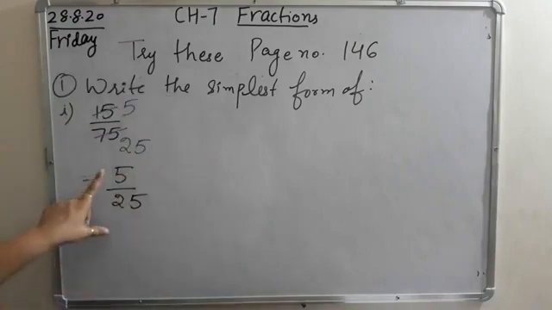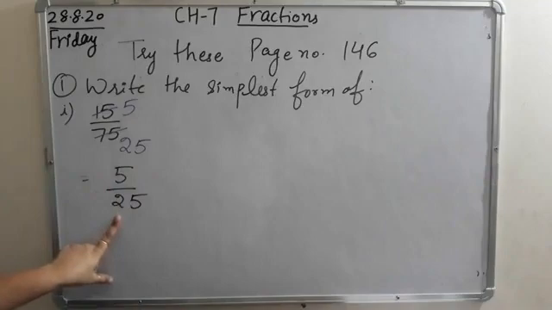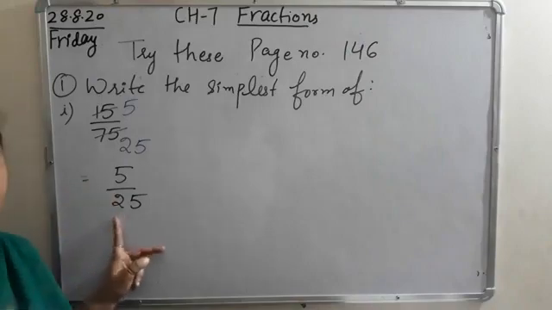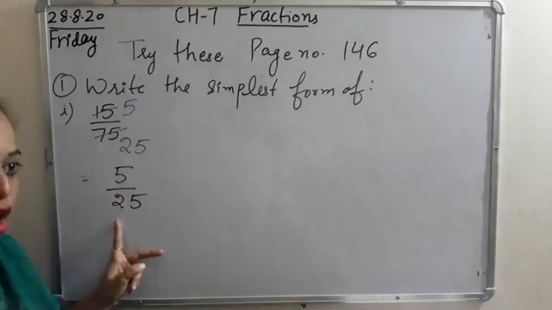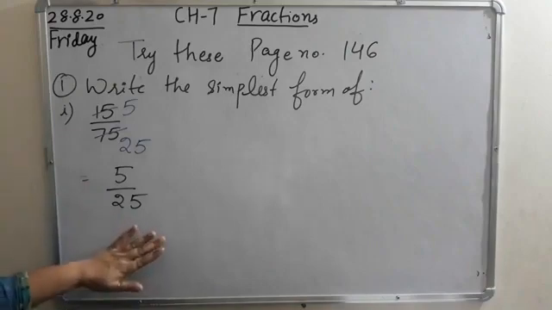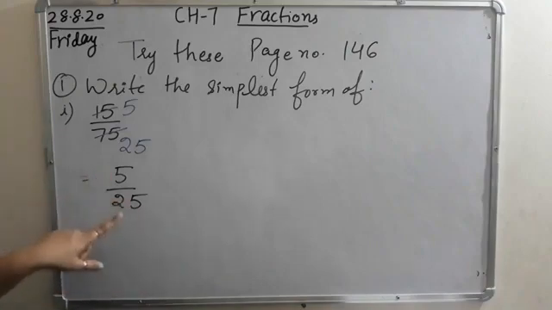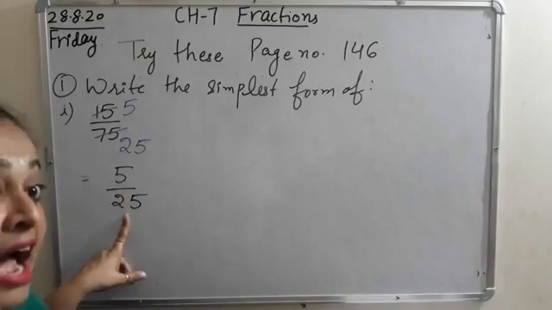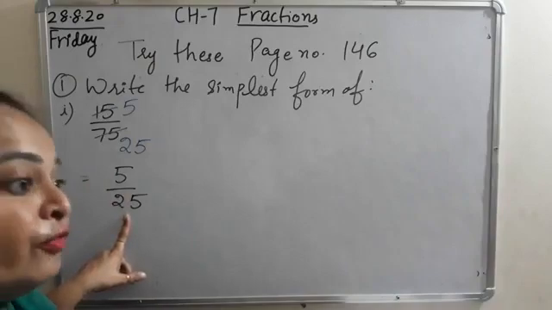Now what about this fraction? Is this in its simplest form? No. 5 by 25 is not in its simplest form because here 5 and 25 have common factor 5.